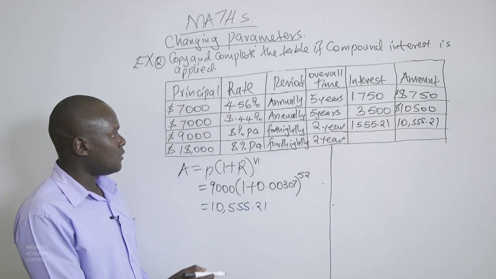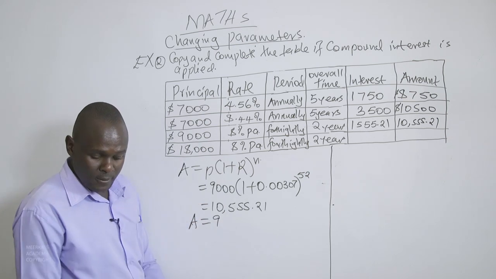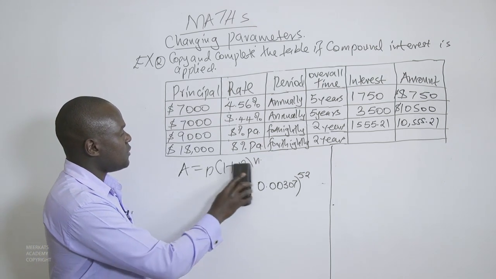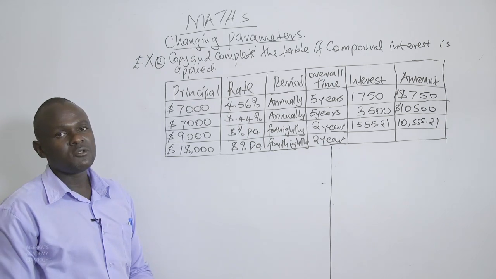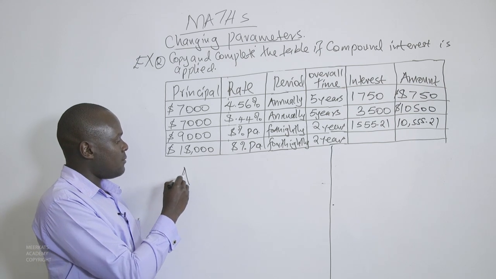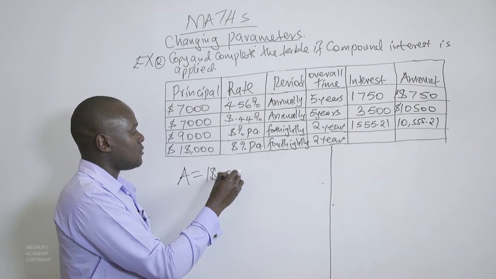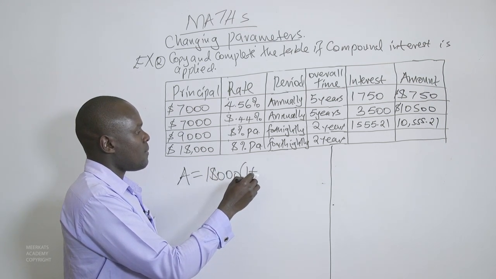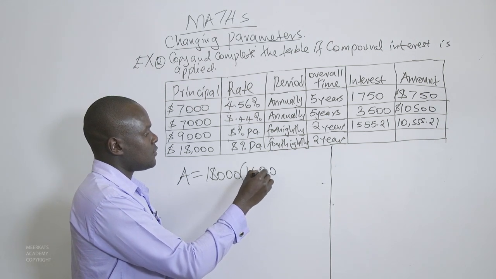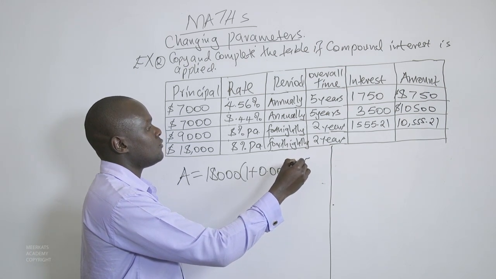That is the interest. Let us look at the second one. The amount will be equal to, in the second case, you will realize that the principal has been doubled from 9,000 to 18,000. So our amount will be calculated from the new principal. And the rate will be 0.00307, raised to 52.